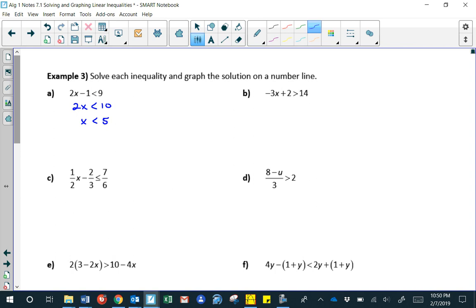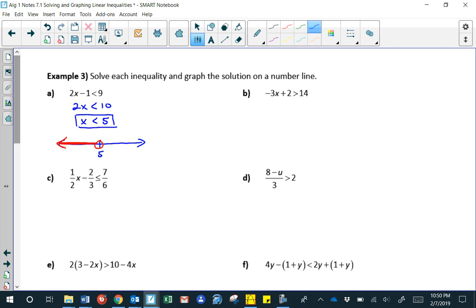We did not change the direction of the inequality because we divided by a positive number. That's the solution to the inequality, and the graph of that solution is a number line on which the number 5 is indicated with an open circle, and since x is less than that number, we'll shade to the left.